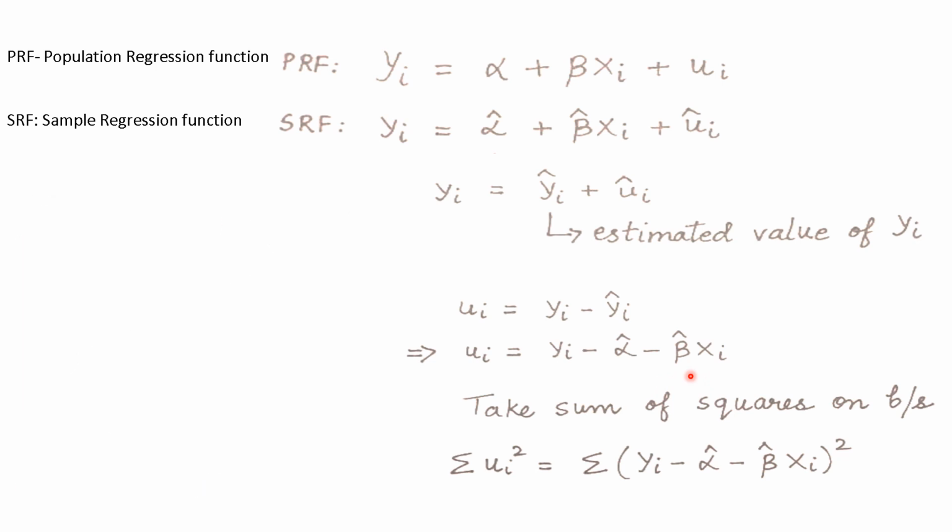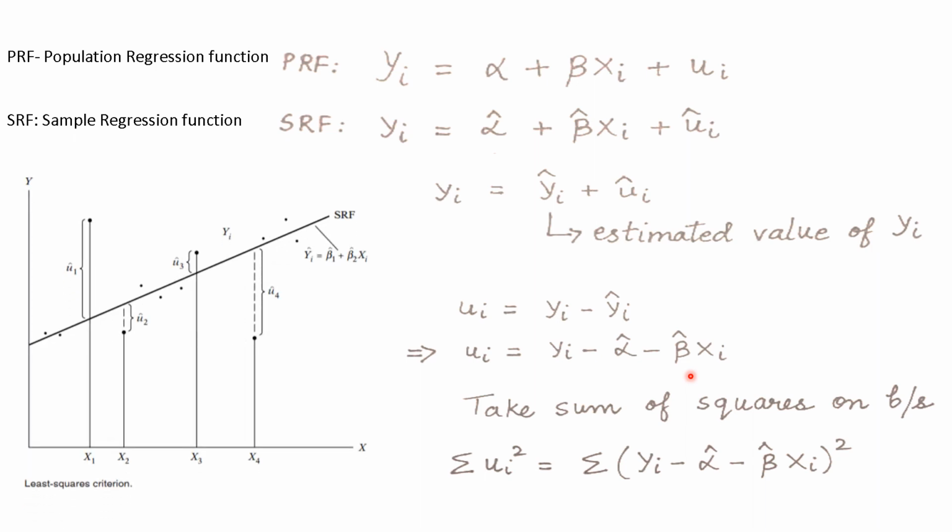Now what we are doing here, we are taking the sum of squares on both sides. Now why we are taking the sum of squares on both sides can be seen by this graph. This is a simple graph of a sample regression function. You can see that some of the residuals are above the graph, above this function, and some are below. The values below are taken as negative values and the values above are the positive values.